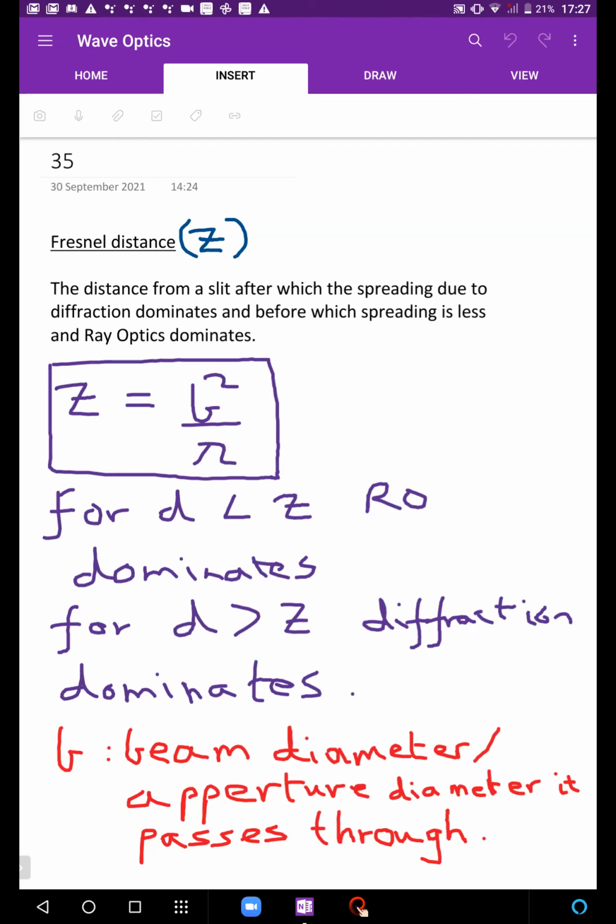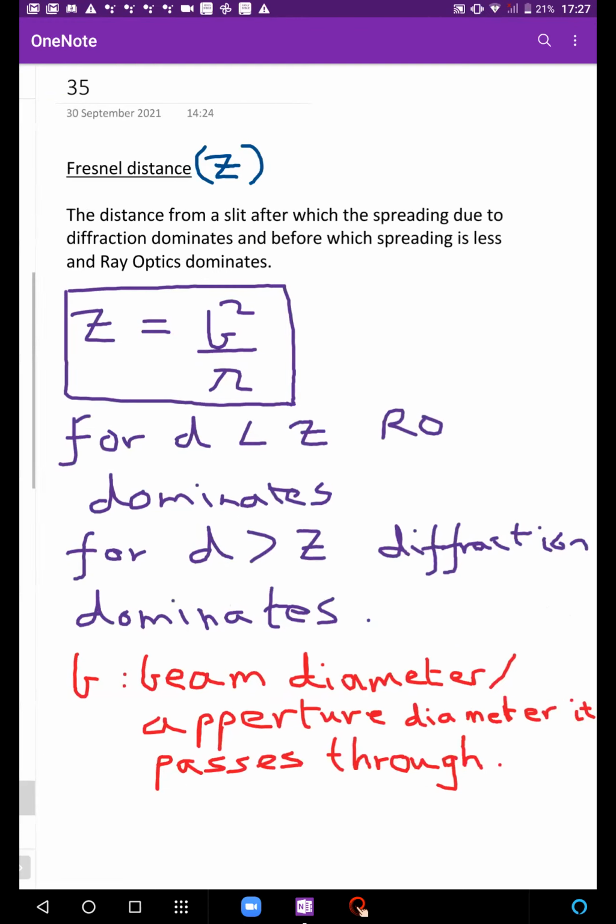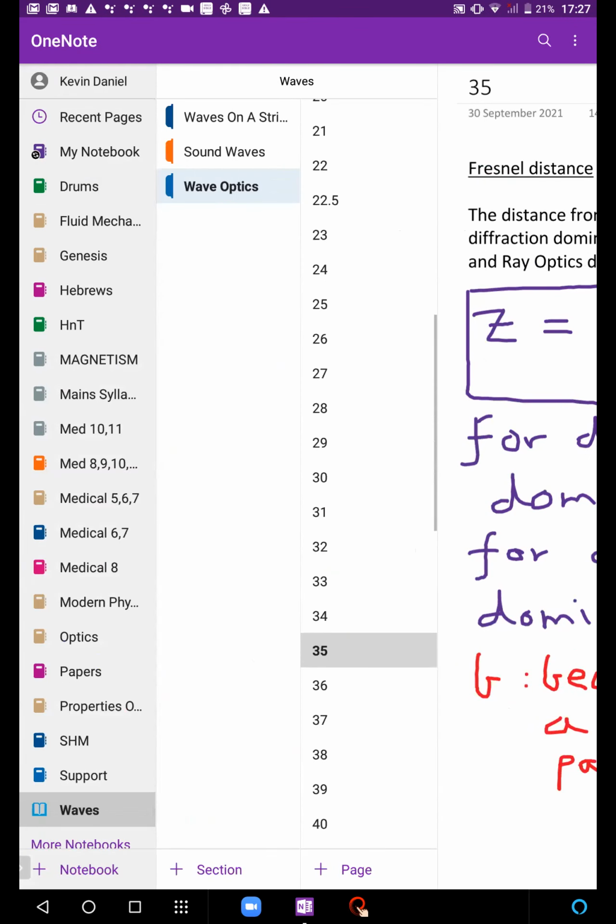But problems arise when you start to use smaller apertures. With smaller apertures, the distances involved become bigger. That's when you leave the world of just simple ray optics, and that's when diffraction also comes.